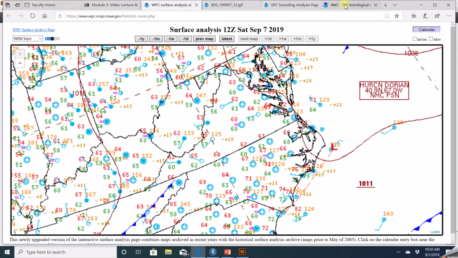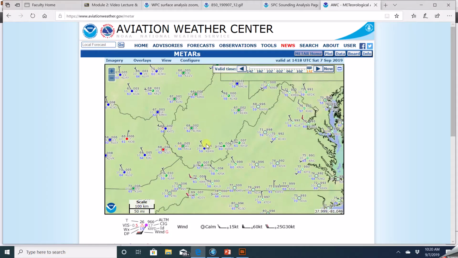But if you look at an aviation one, same one, here's Charleston, and the METAR for Charleston at this time has the altimeter right here, 30.02 inches. However, sea level pressure is 1015.8. As a meteorologist, I want sea level pressure. As a pilot, you want altimeter. They're two different things, but they're both very important.